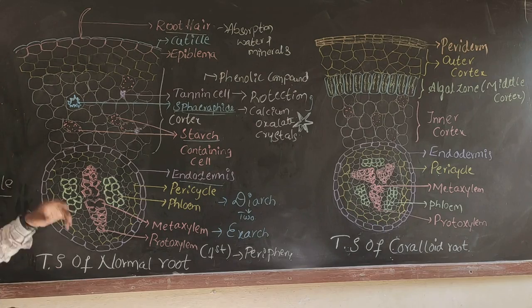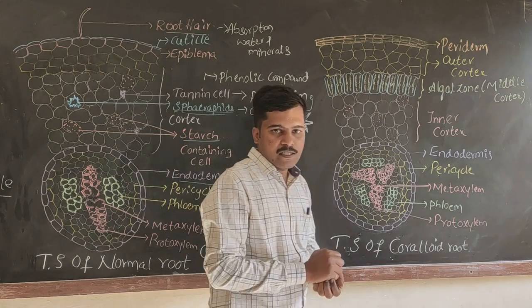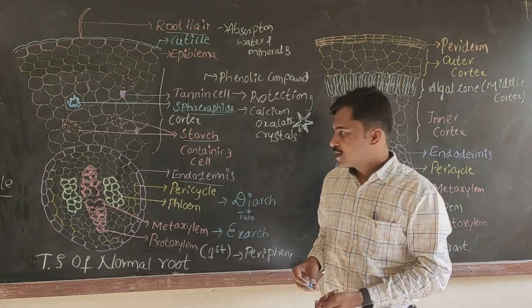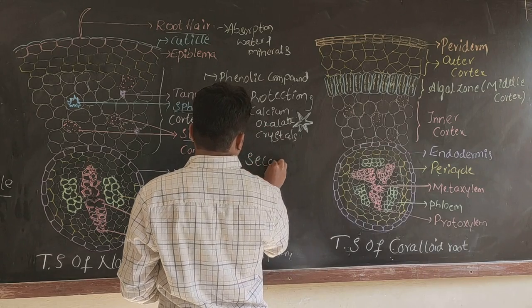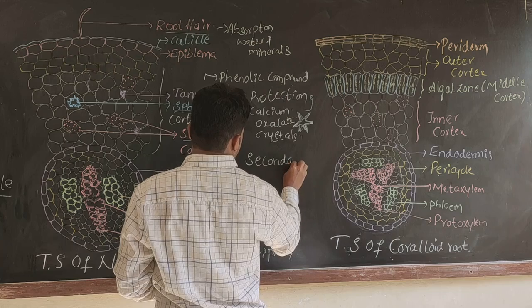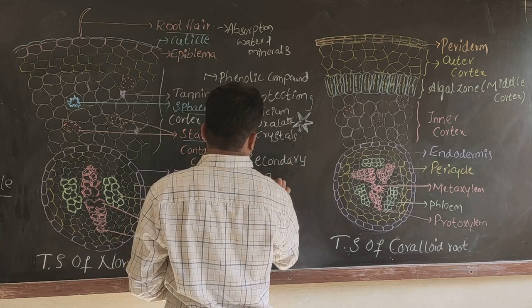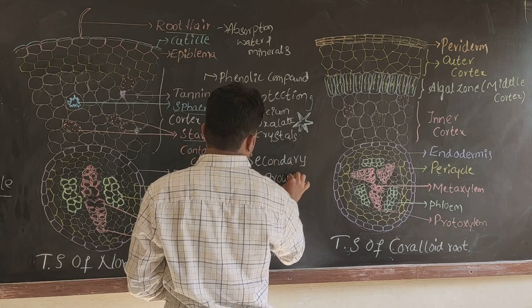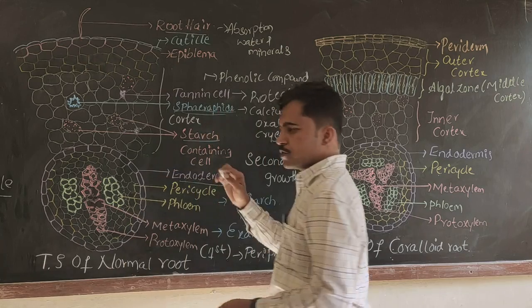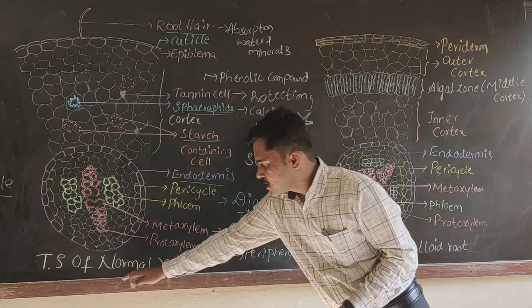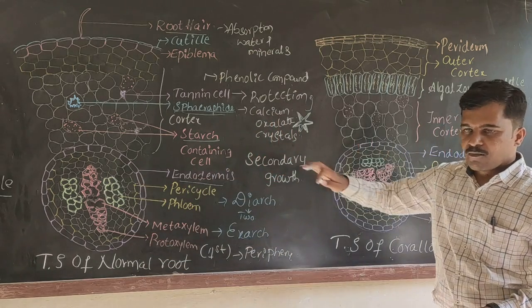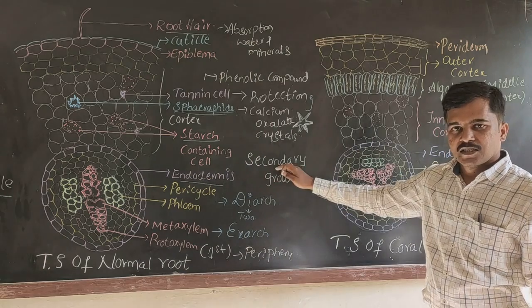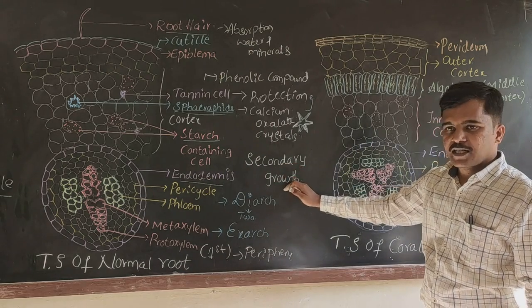And usually in case of Cycas, the root shows secondary growth. Here I am not showing the secondary growth, but in case of Cycas root it shows secondary growth.